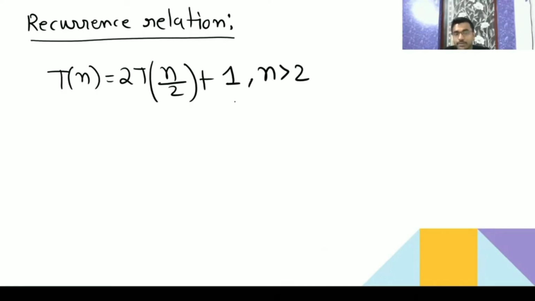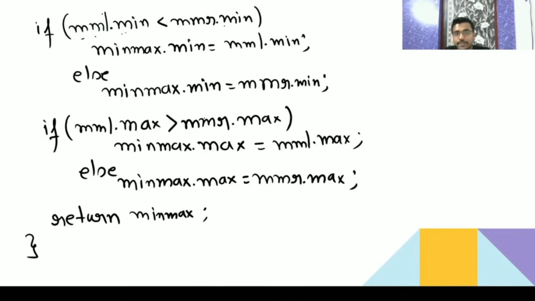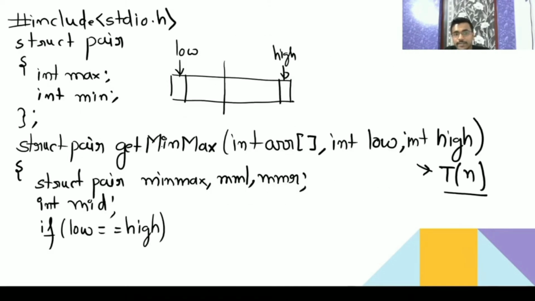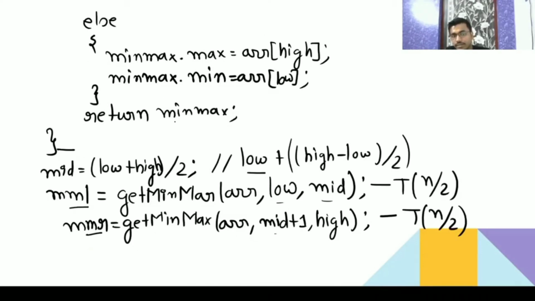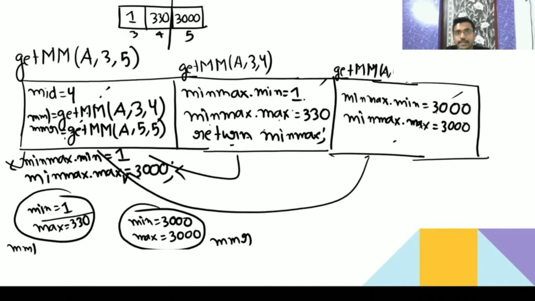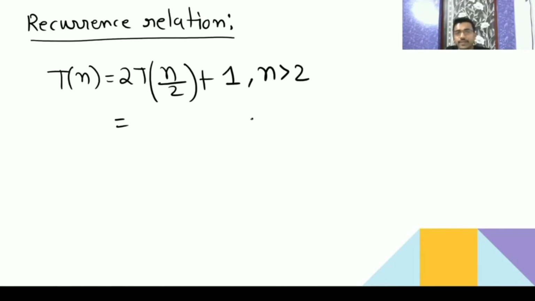Because if it has only one element, it takes only constant time. When n is two elements, when low plus 1 is equal to high, it just does one comparison and returns. So if n is smaller than or equal to 2, it takes constant time. So this is the recurrence relation.